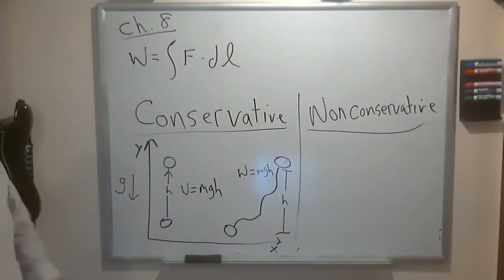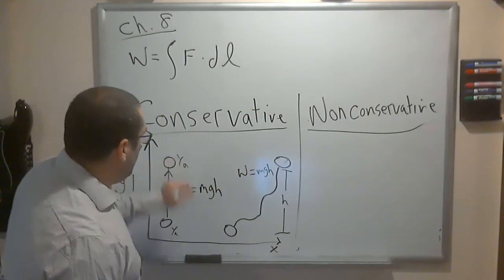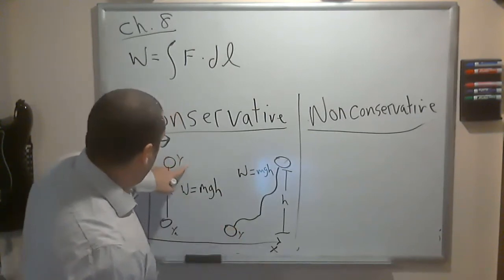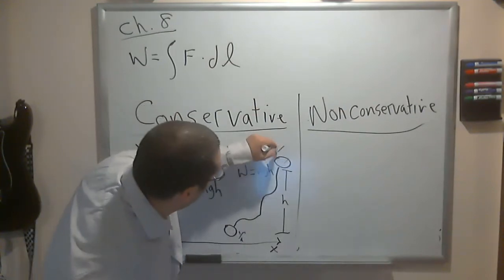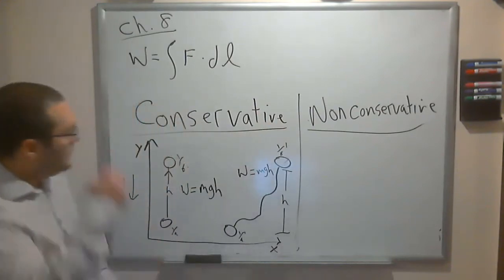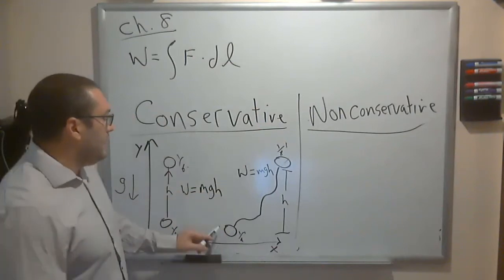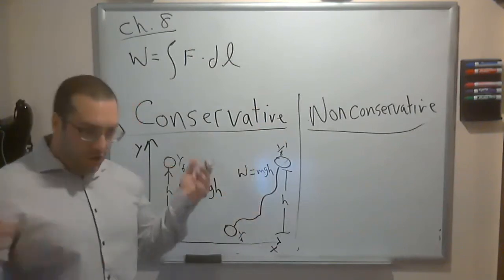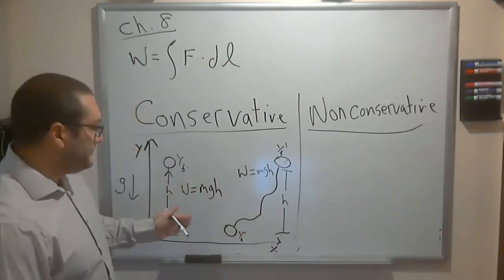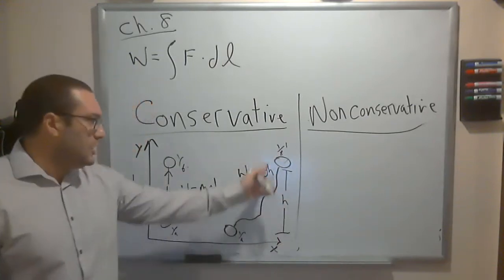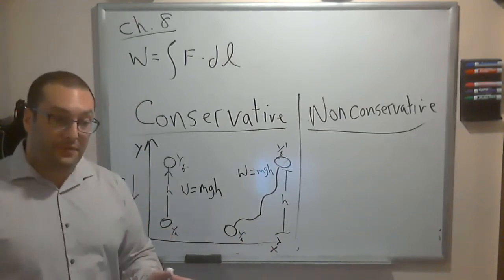And if we look at it, if this is YA and YB, and this is YA prime and this is YB prime, the work that we do against the gravitational force, or the work done by the gravitational force as this ball drops back down, doesn't depend on the path.